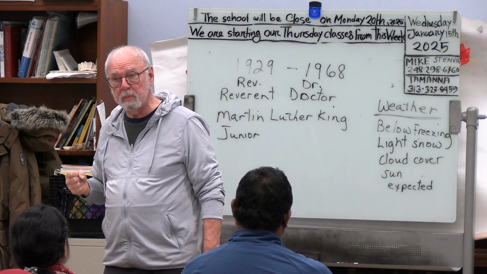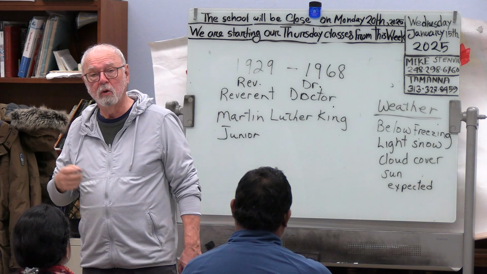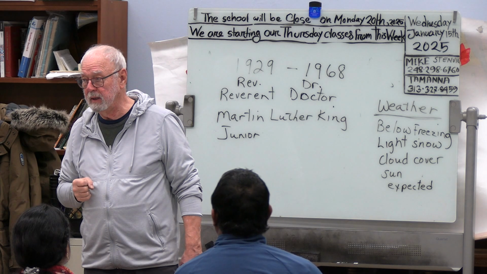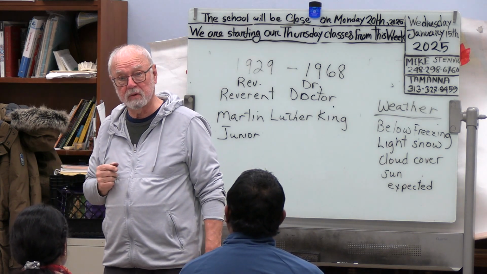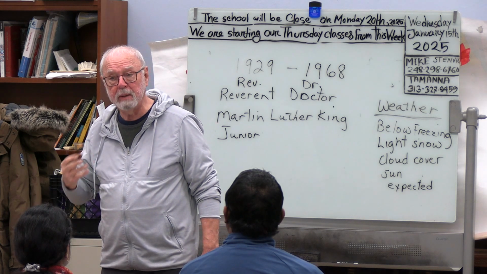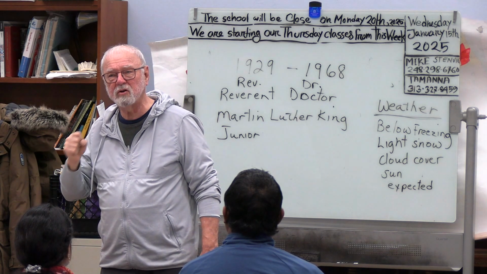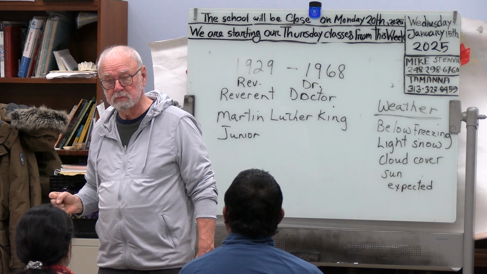We want to be able to buy and sell people. Well, that didn't turn out to be possible. And they lost the war, so to speak. But the feeling of people in the South was very strong. We want to be the same way. We don't want to change.